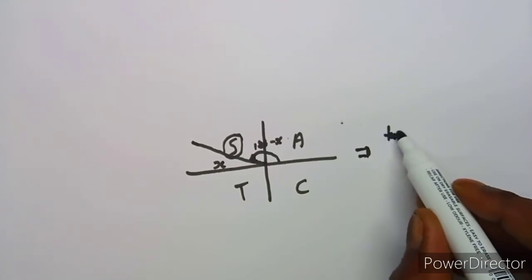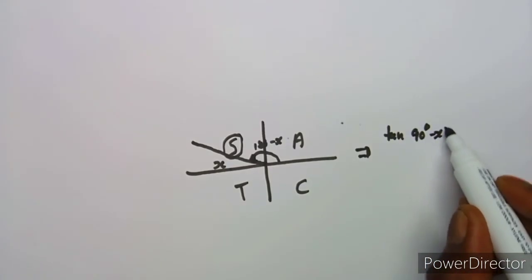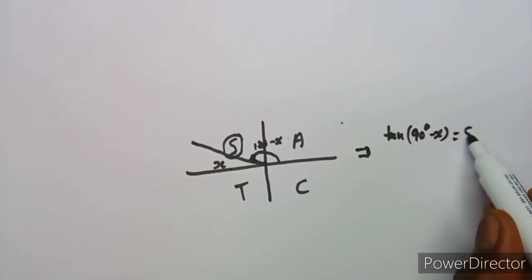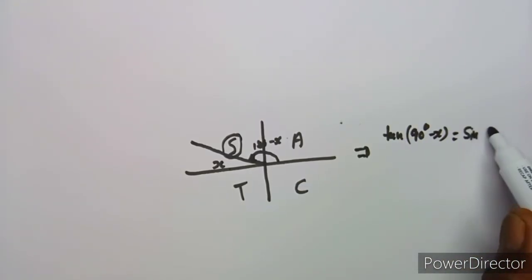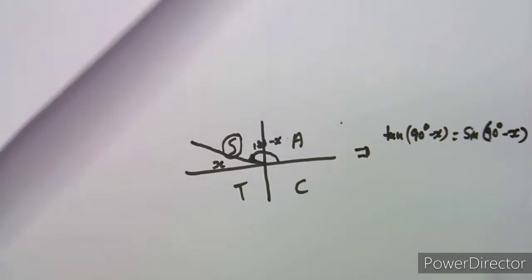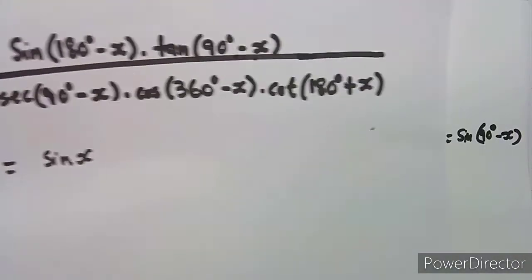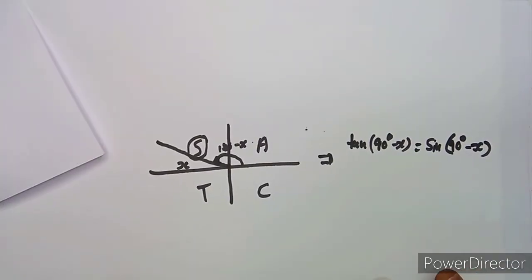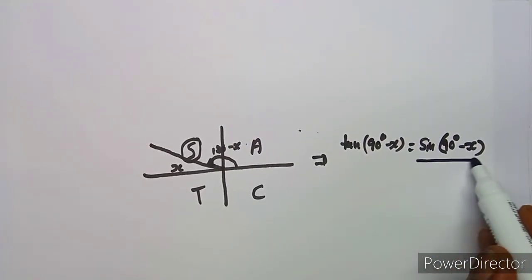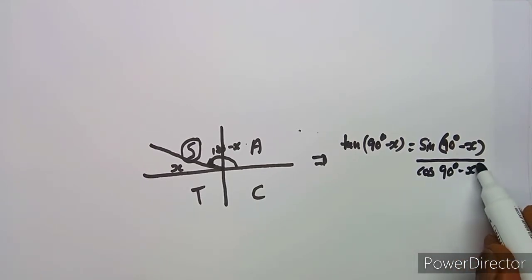We know that tan gives us sine over cos, so tan 90 minus x is going to be sine 90 degrees minus x, everything over cos 90 degrees minus x.